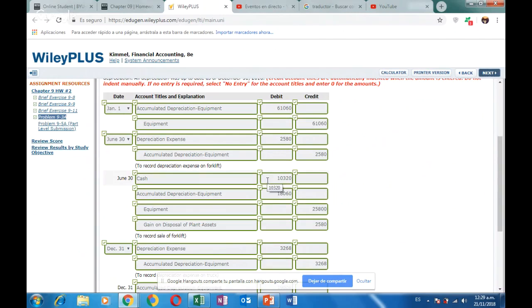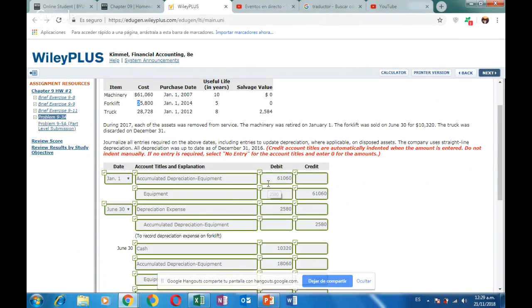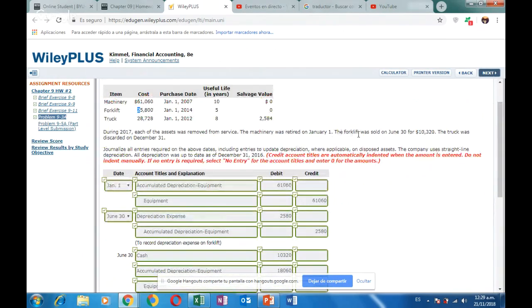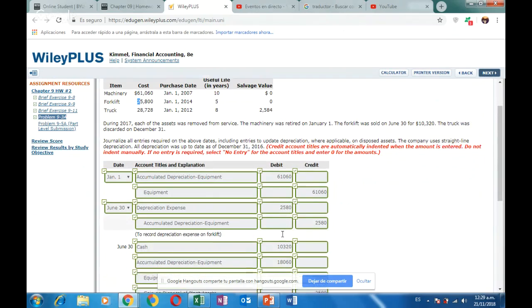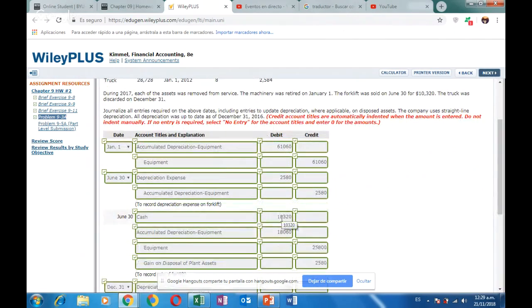Okay, we know that the machinery, the forklift, was sold on June 30 for 10,320. So we debit the cash.